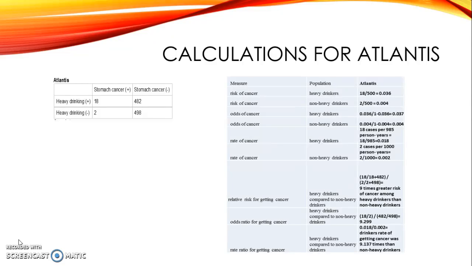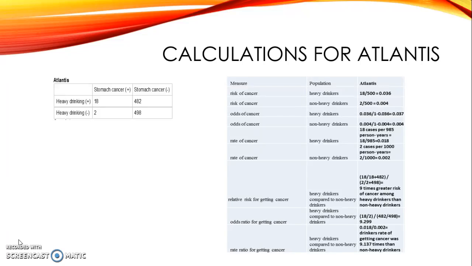As I mentioned previously, the calculation for Atlantis is dealing with the risk of getting cancer among heavy drinkers and non-heavy drinkers. I want to get to the relative risk for getting cancer, comparing heavy drinkers and non-heavy drinkers.